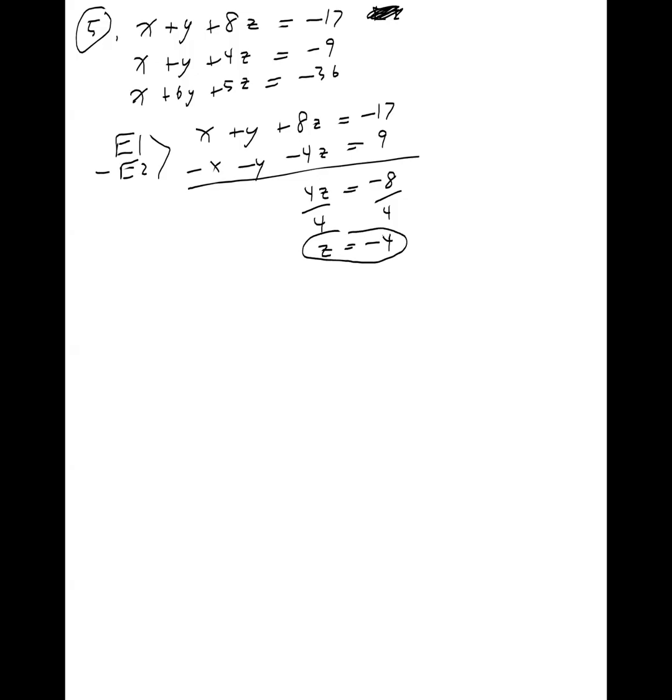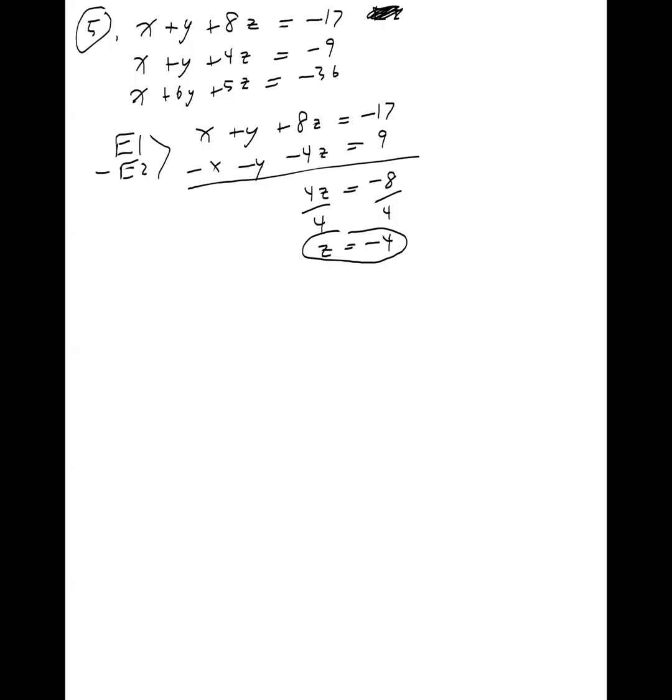Next step is to put the z equals -4 into the easiest equation you can find. Well, there's actually no equation that just has z in it and one other letter, unfortunately. So let's go back to the original equations and try combining a different pair of equations together.